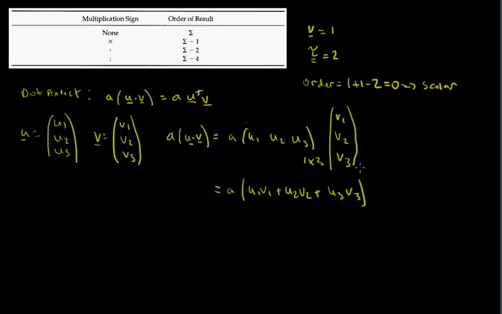If you look at the resulting dimension of this, the inner dimensions match, and the outer dimensions give us a 1 by 1 matrix, and a 1 by 1 matrix is a scalar. So these match, which is the key point of why I'm bringing this whole order of result table into the mix, because that is really going to help us along with the more complicated matrix products.